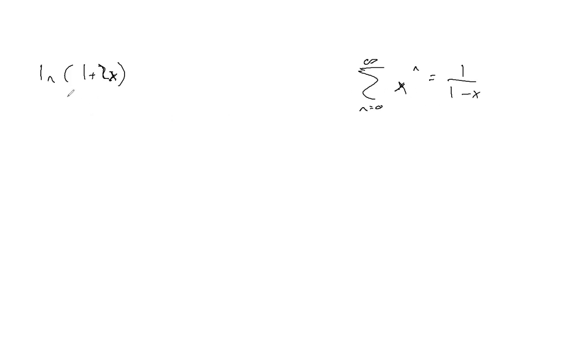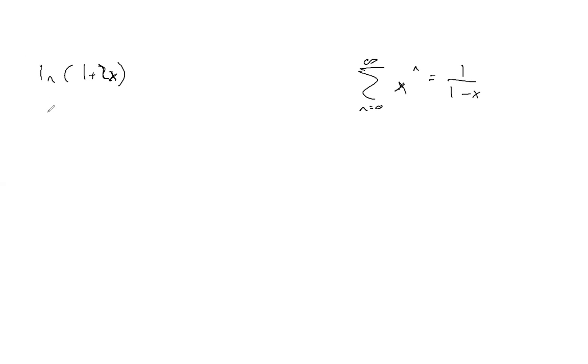Okay, take it step by step. When you see ln, think it's like the integral of something like this. So what is this the integral of? Well, we could try and think through that logically, or we could just differentiate this, right? If we differentiate this, we should get a function whose integral will be equal to this.